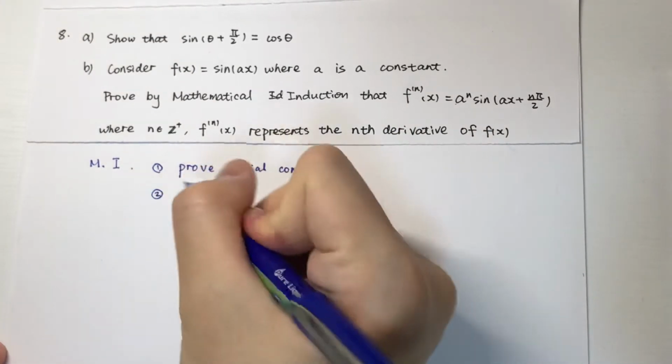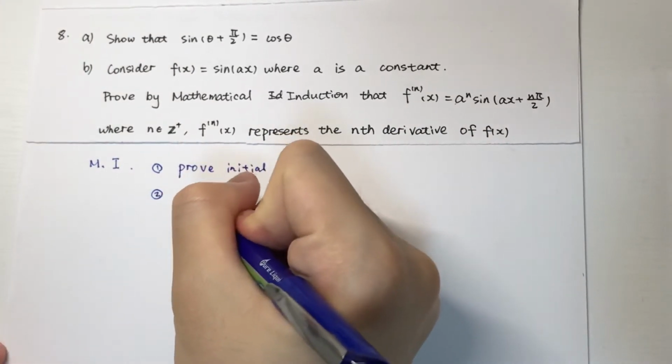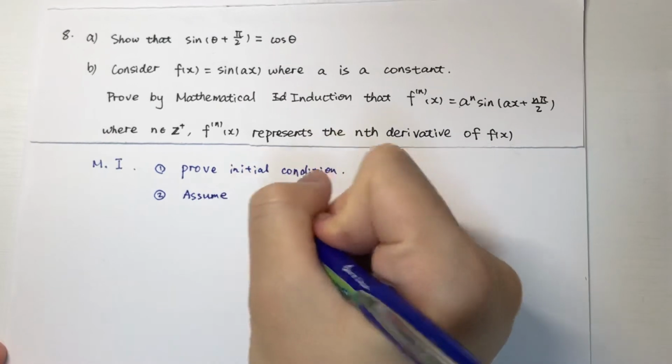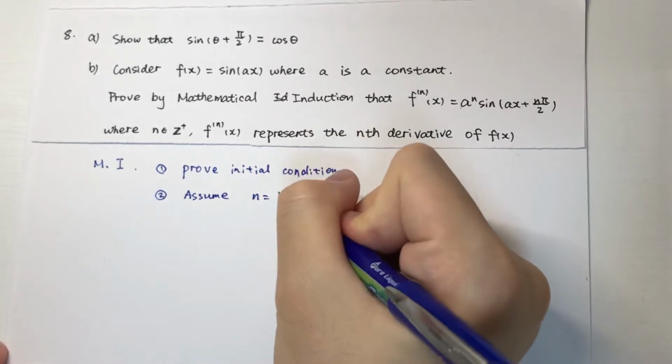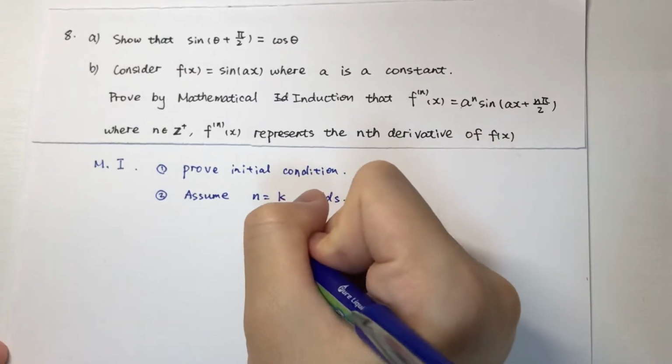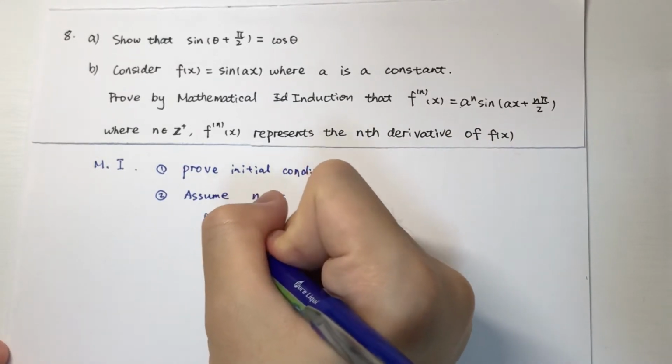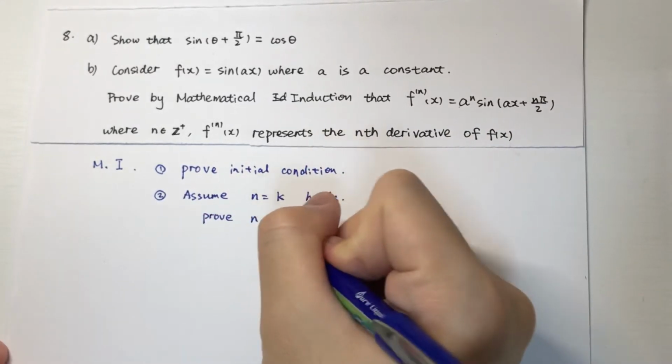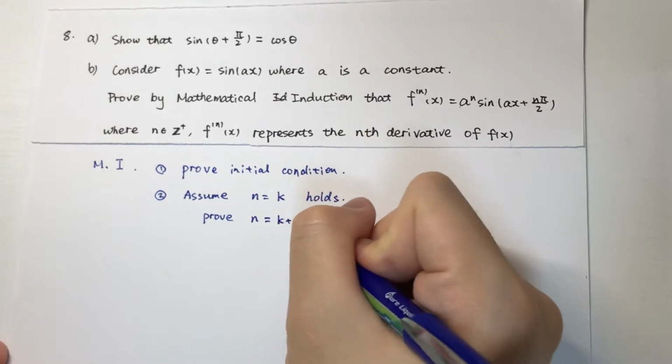The second is to assume n equals k, the statement holds, and then we need to prove the statement still holds for n equals k plus 1.